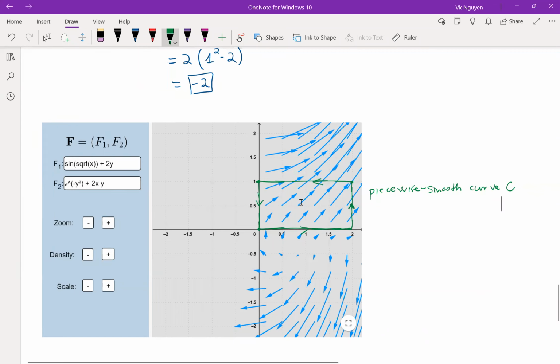If you look up here, hopefully you noticed why the answer is negative: the orientation of the curve C is mostly against the vector field.